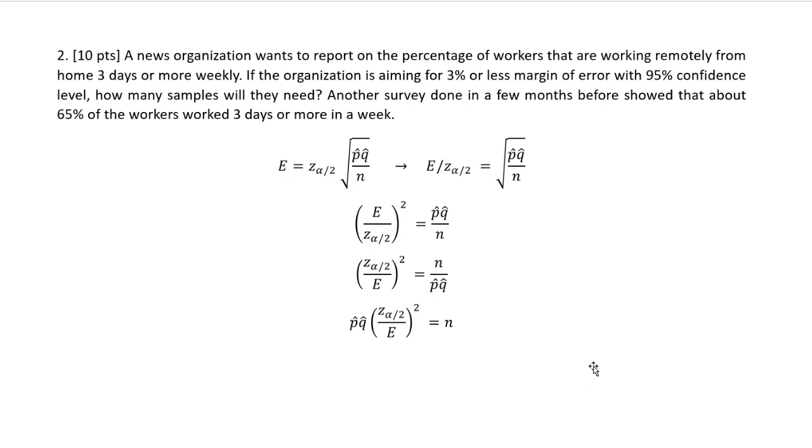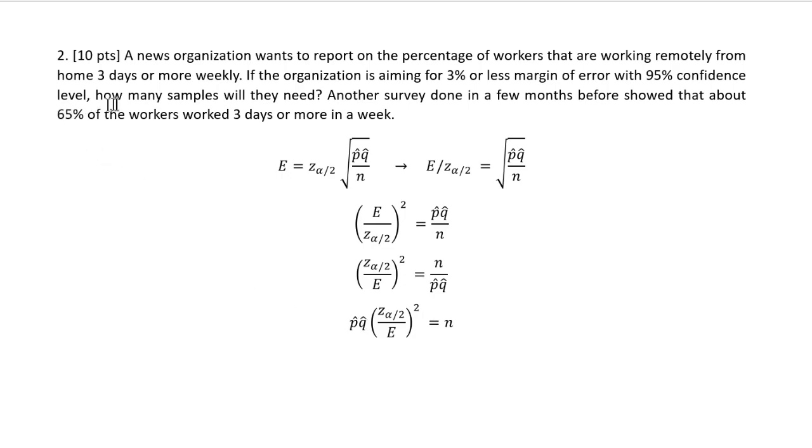But in some cases, there will be some other surveys of a similar type before, and they might give you an idea of what p hat and q hat could be. And if you have that, then you can use that value in place of 1/2, 1/2. Okay, so if you have no idea at all what to use for p hat, q hat, just use 1/2, 1/2. But if you have some ideas, then use that value.